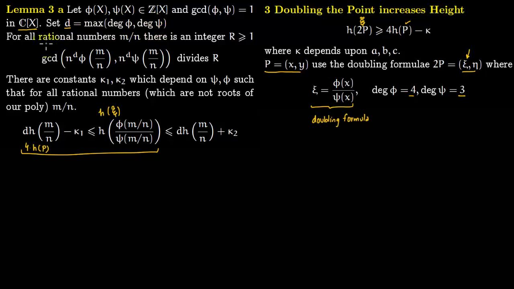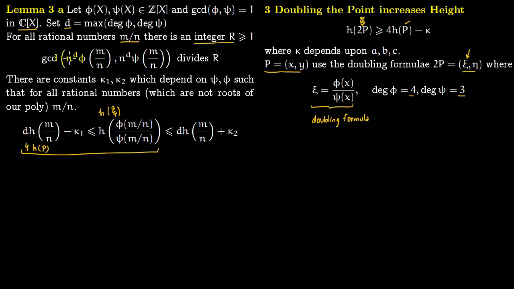For these x's, we plug in rational numbers like m by n. What we want to do is find an integer r which does not depend upon these rational numbers, such that the greatest common divisor of n to the power d times the first polynomial phi, where instead of x we are putting m by n, and n to the power d times psi, again with m by n instead of x, which we denote by gamma, divides r.